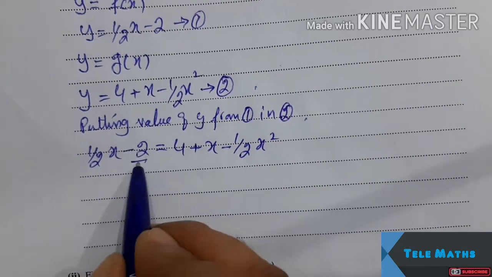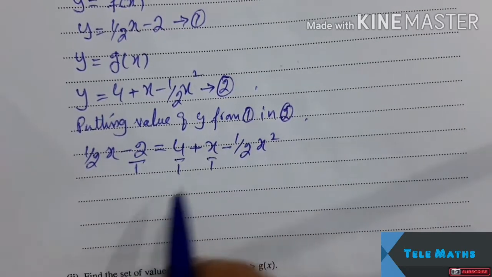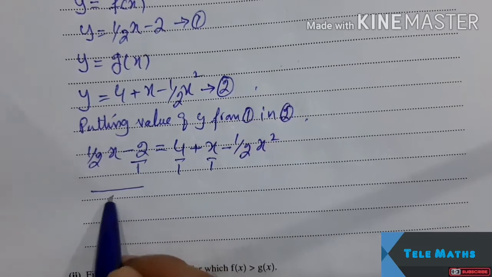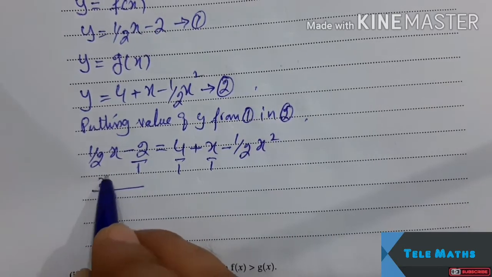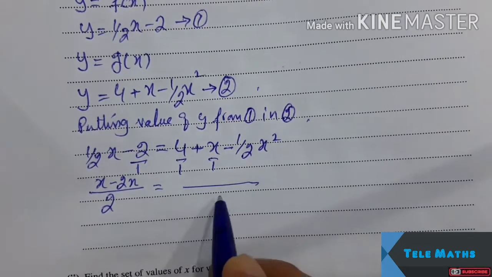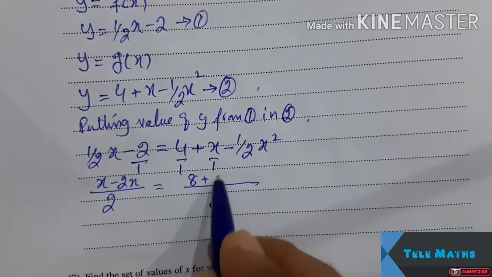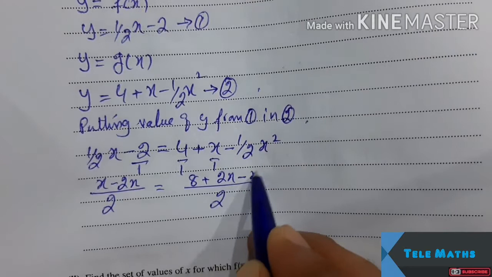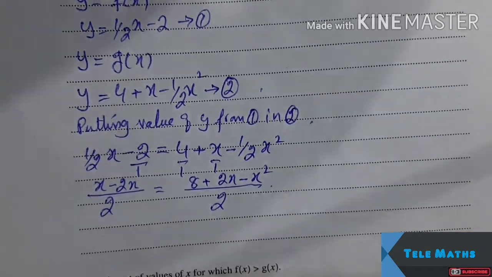Take LCM of both sides. This will be 2, so it will be x minus 2x is equal to, this LCM will be 2 again, it will be 8 plus 2x minus x square. Okay.